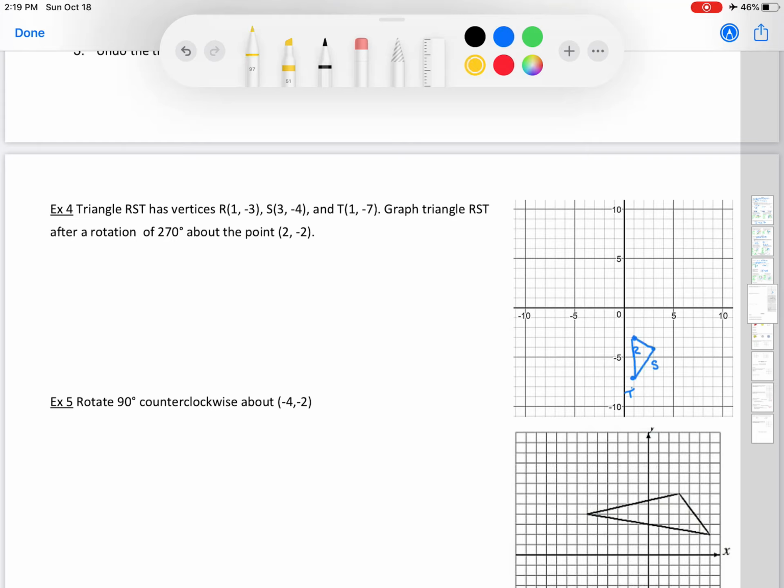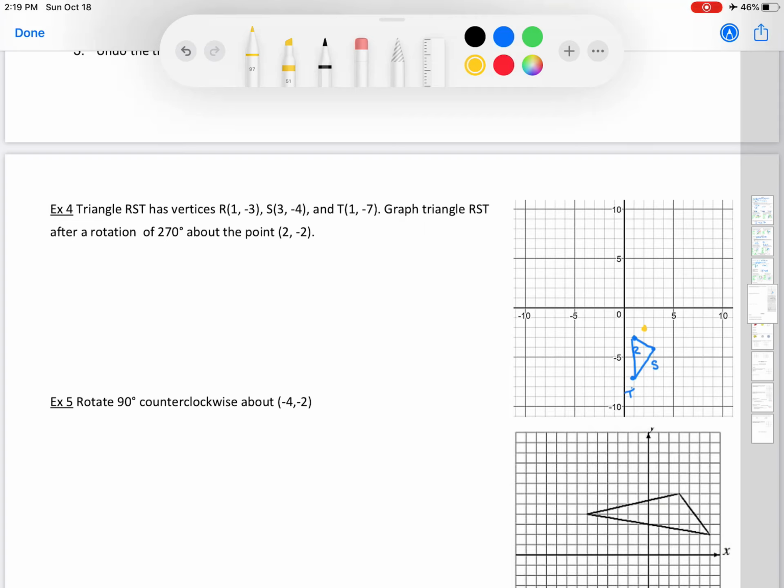So here is my pre-image. I have done nothing to it yet. So we want to rotate triangle RST 270 degrees around the point 2, -2.